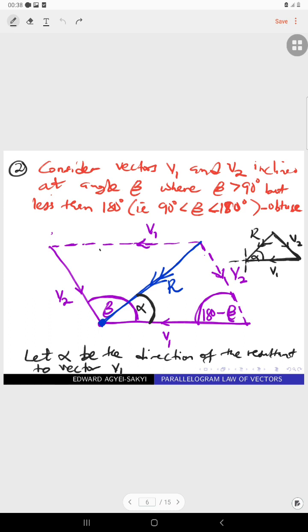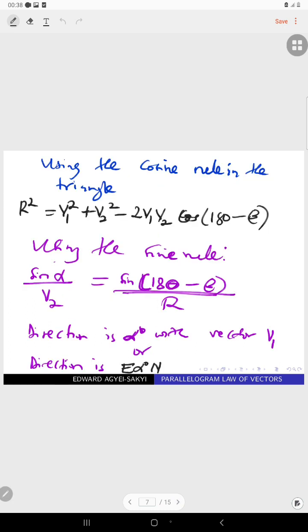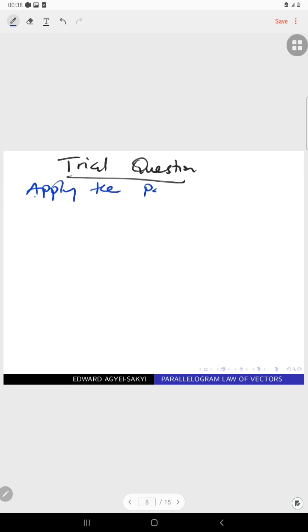I want to give you this trial example to try. I want you to apply the parallelogram law of vectors to the vector diagram below.